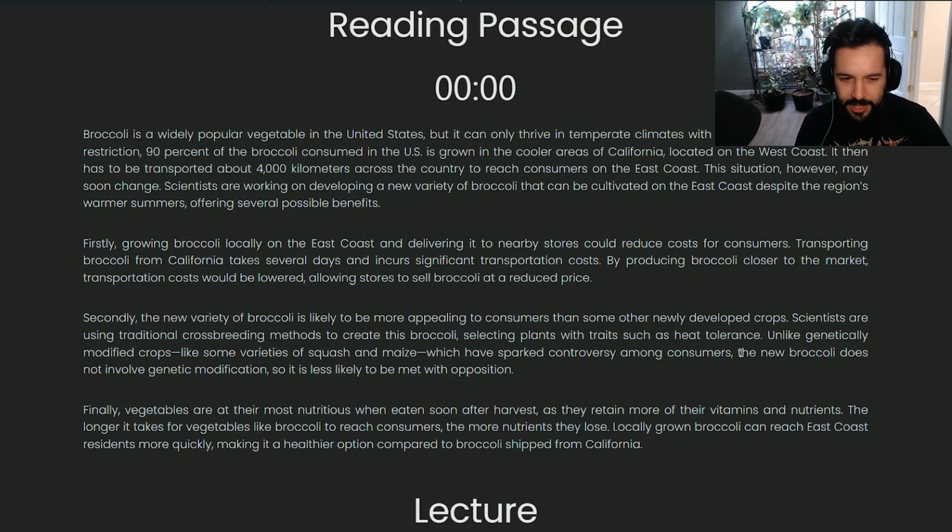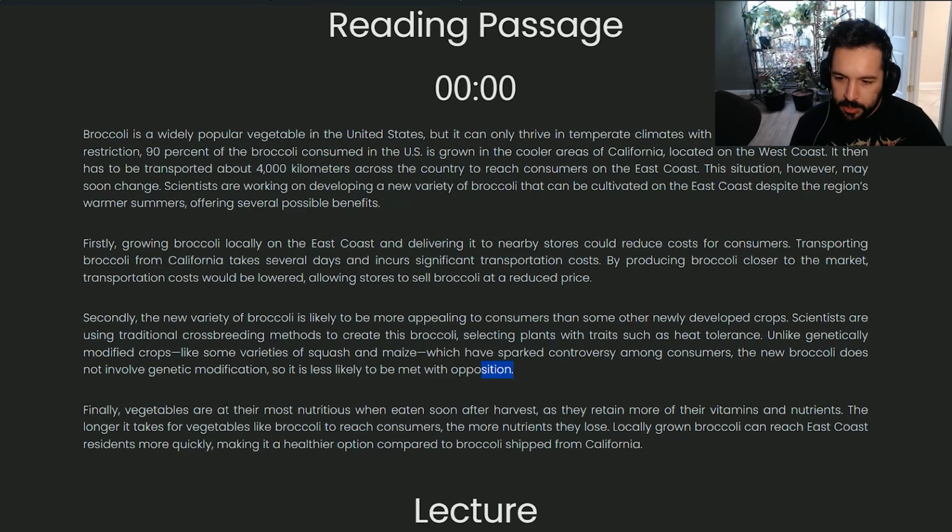And this doesn't really sound like an advantage, but he is just saying, well, people probably won't hate it. The new broccoli does not involve genetic modification, so it is less likely to be met with opposition. Again, the writer says, traditional method, not like GMOs, people may not hate it.